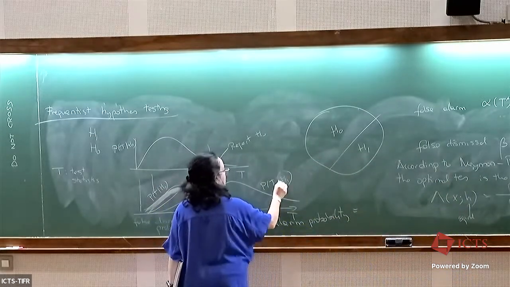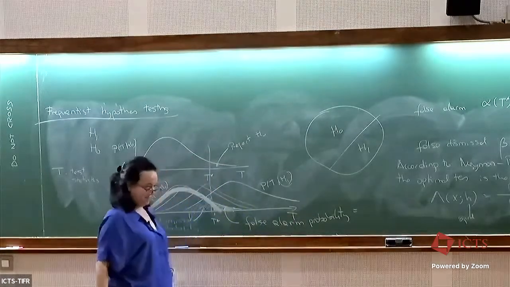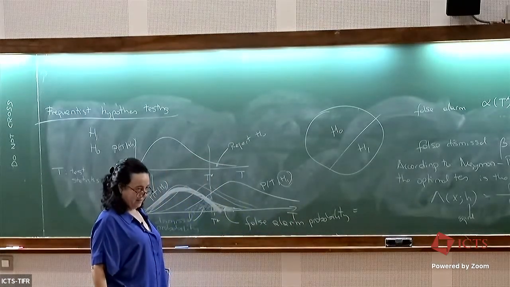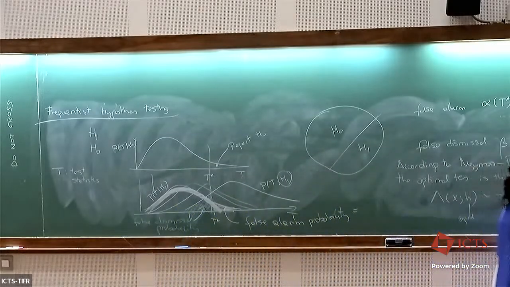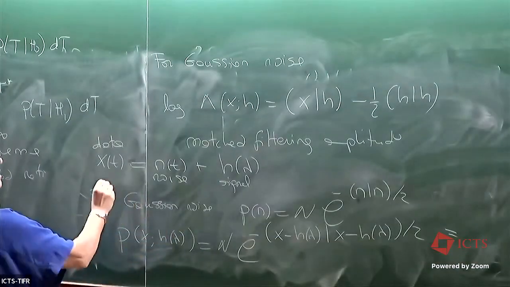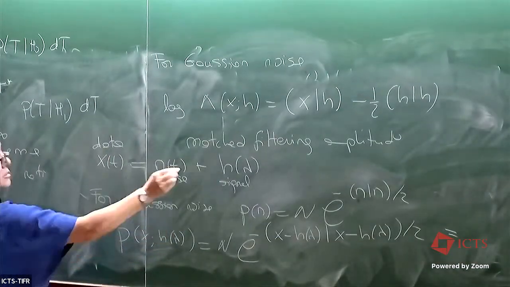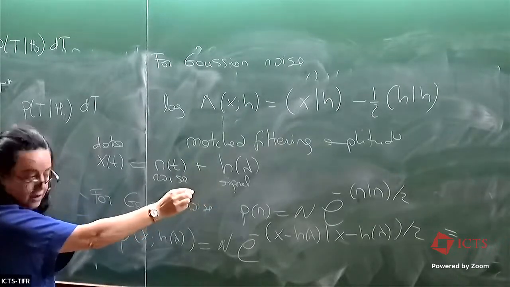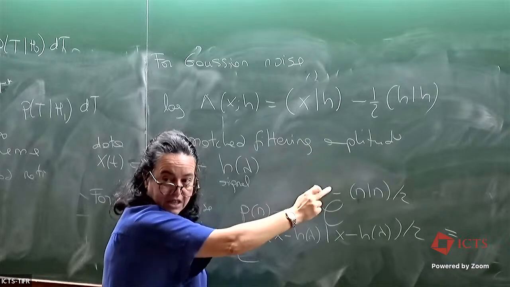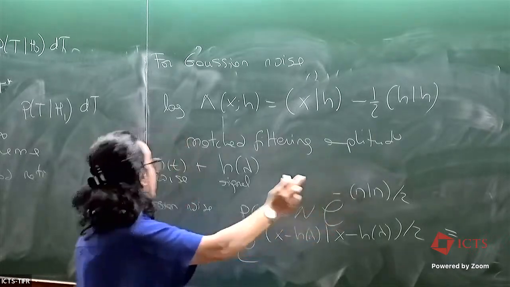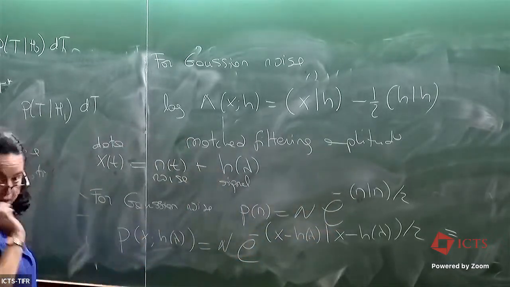This is the hypothesis that you have a signal. And here, what I'm doing is saying that n is x minus h. If this is Gaussian, this is true. And if I have a signal present, I just substitute n by x minus h.